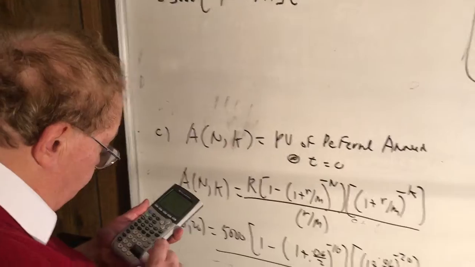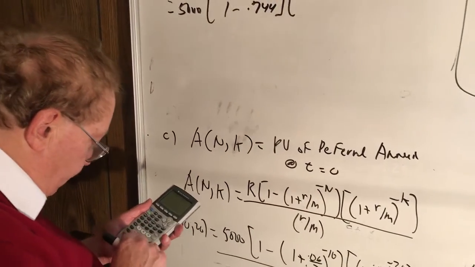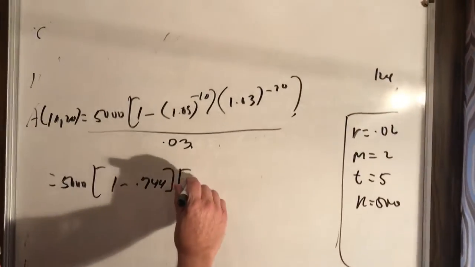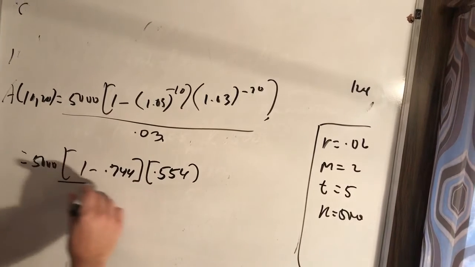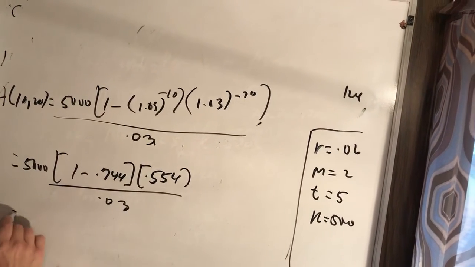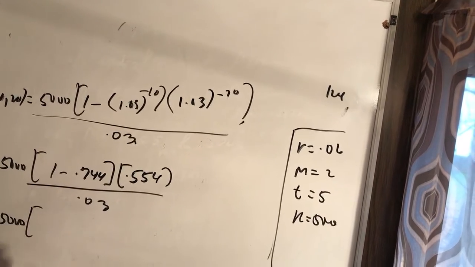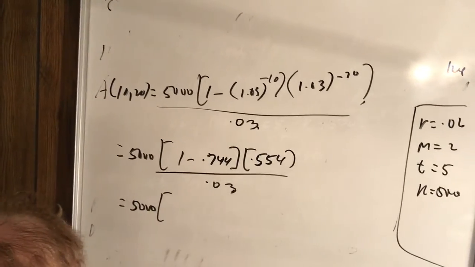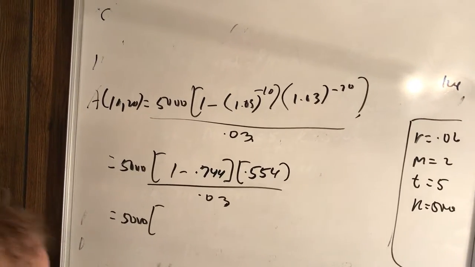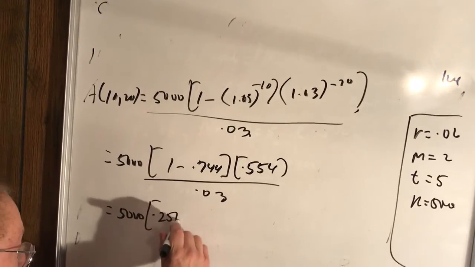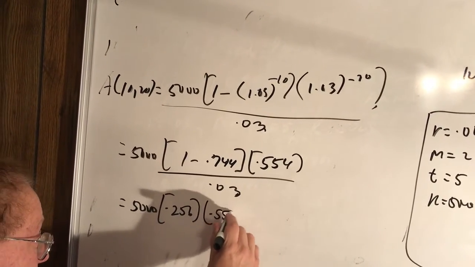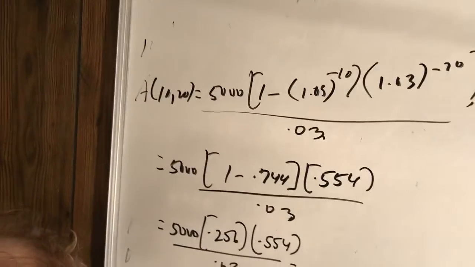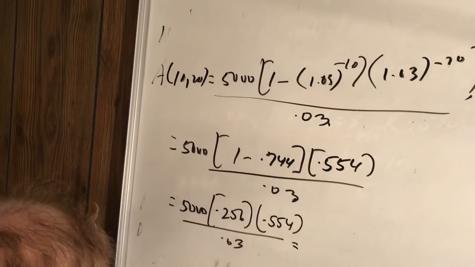Raised to the minus 20 is 0.554, over 0.03. So 1 minus 0.744 is 0.256, times 0.554.